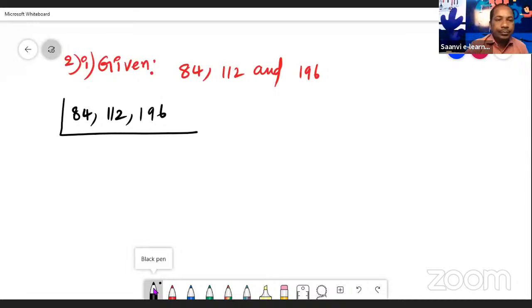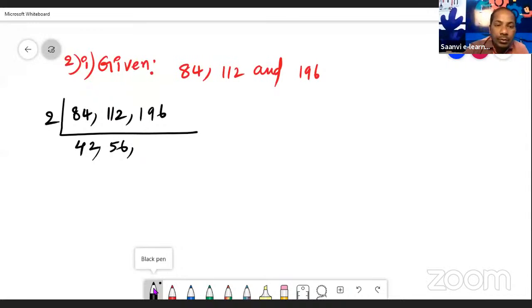Now two table. Okay, two table. 2 4s are 8, 2 2s are 4, and here 2 5s are 10, 2 6s are 12. It means 2 into 56 is 112. And 196 is there, no?